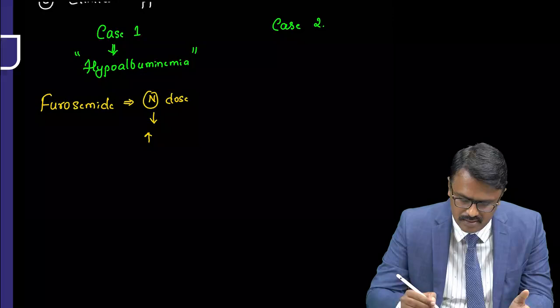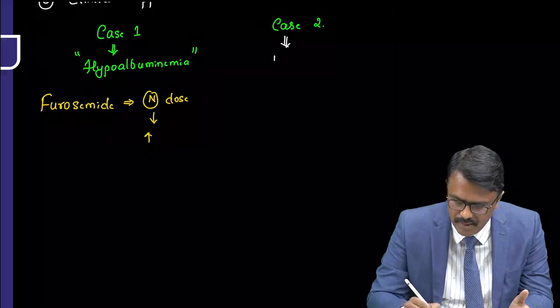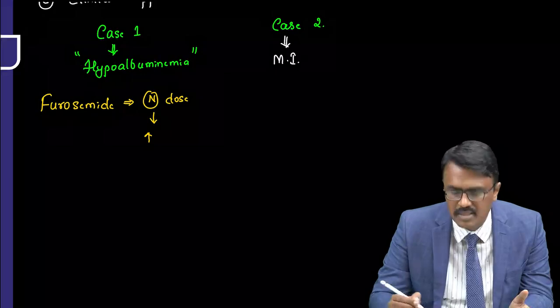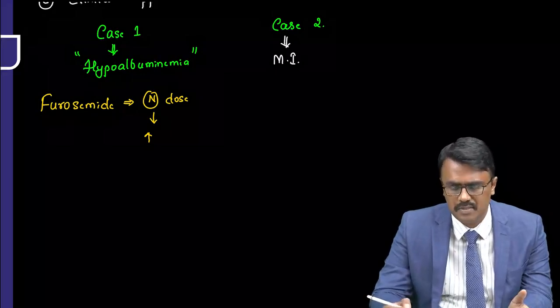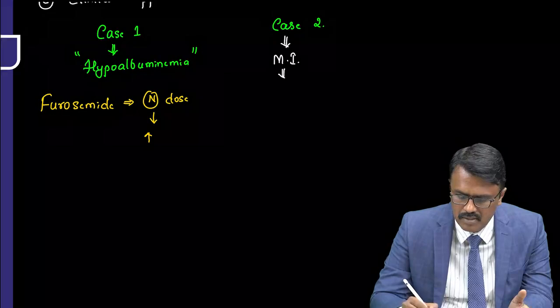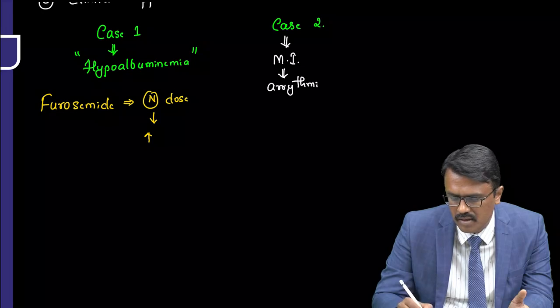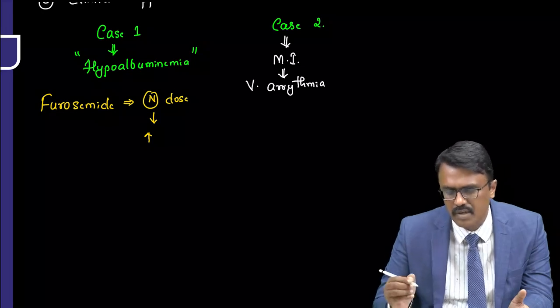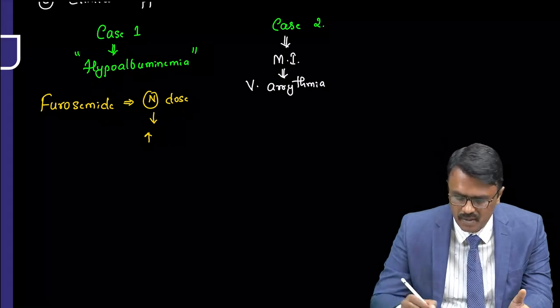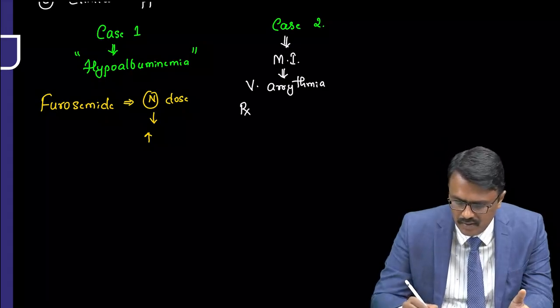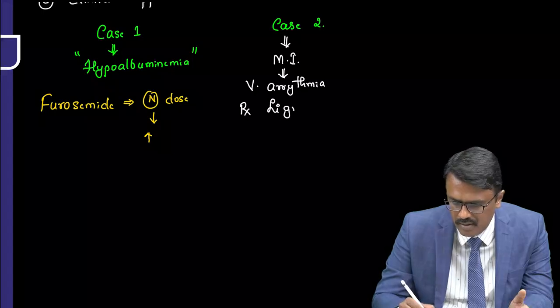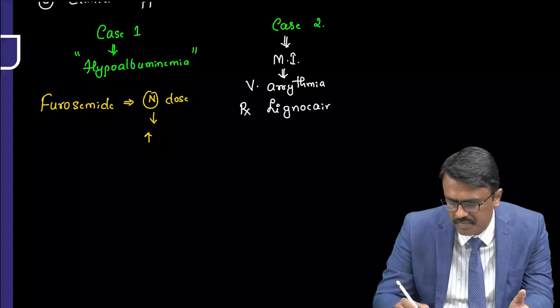The second case is a patient who has MI. MI stands for myocardial infarction, and during MI there is a chance of arrhythmias, particularly an arrhythmia originating from the ventricle. We call it ventricular arrhythmia. For that, we use a drug, and the drug is called lignocaine. It's a basic drug.